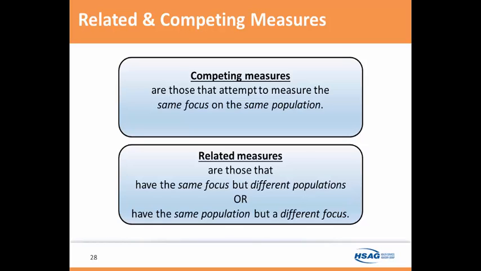Harmonizing measures refers to defining measure elements so that they are uniform or compatible. Using our readmissions example, we might choose to harmonize the time frame for readmissions, for example, 30 days from the prior hospitalization. To the extent possible, measure developers are to avoid developing competing measures unless justified.